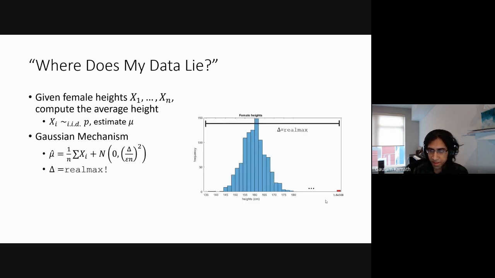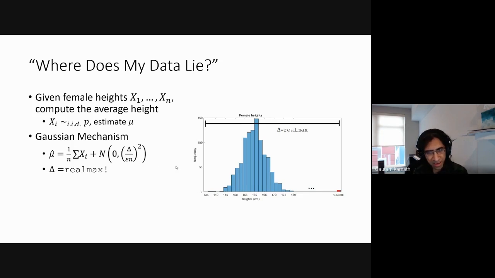For example, if you're just looking at real numbers, then the sensitivity of the empirical mean is going to be equal to real max or real max over n, depending on what you consider the sensitivity. So the point is, just moving a single point can corrupt the statistic by an arbitrarily large amount, and you have to add essentially infinite amounts of noise, which would totally ruin your signal.